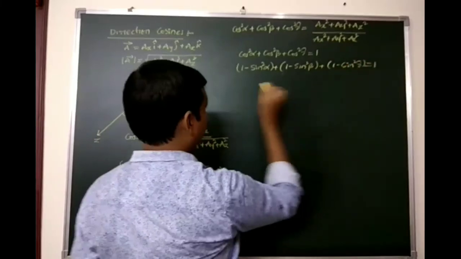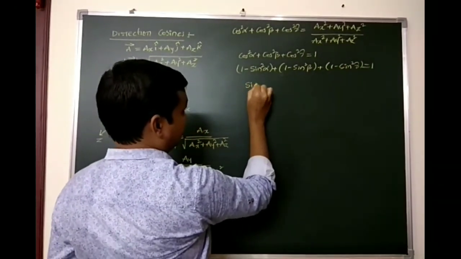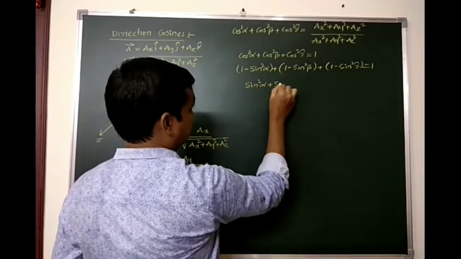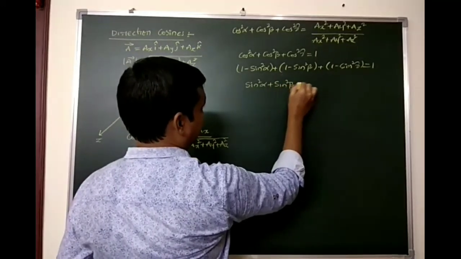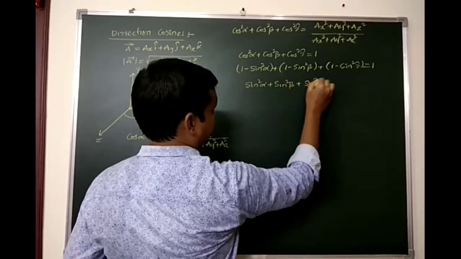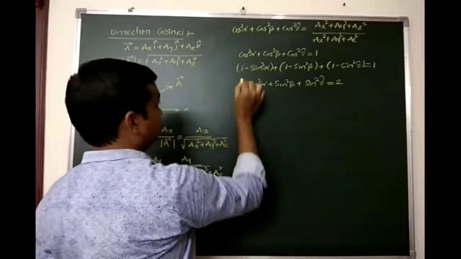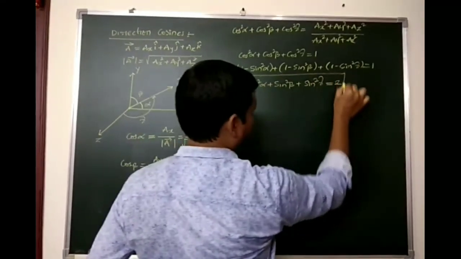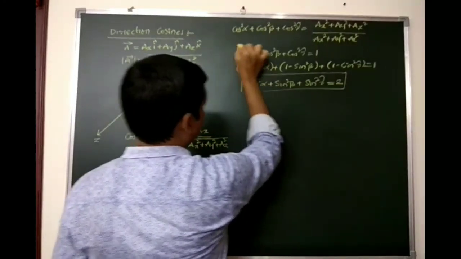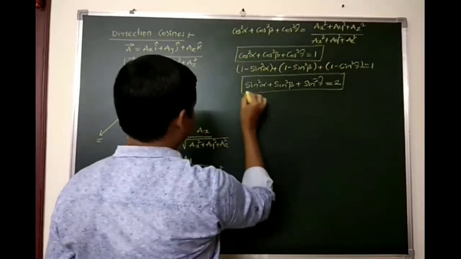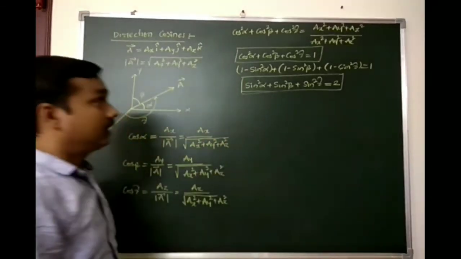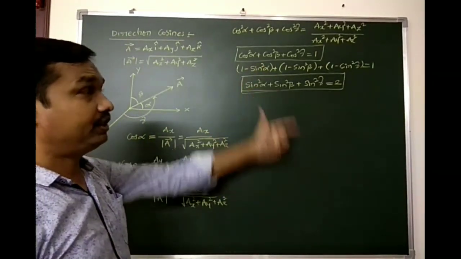Sending all these to the right side, we get sine square alpha plus sine square beta plus sine square gamma is equal to 2. These are the direction cosines, and we have a relation for them.